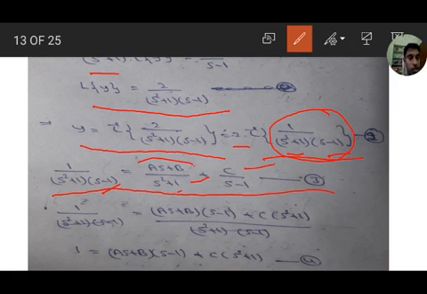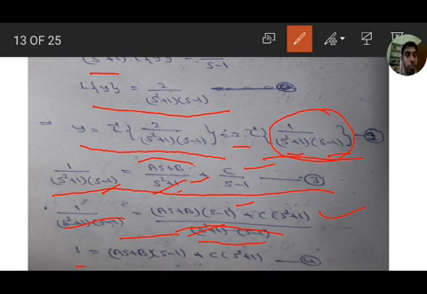So on simplification we get the LCM here. 1 by s square plus 1 into s minus 1 equal to As plus B by s square plus 1, plus C by s minus 1. LCM is s square plus 1 into s minus 1. s square plus 1 cancels, As plus B into s minus 1, plus C into s square plus 1.